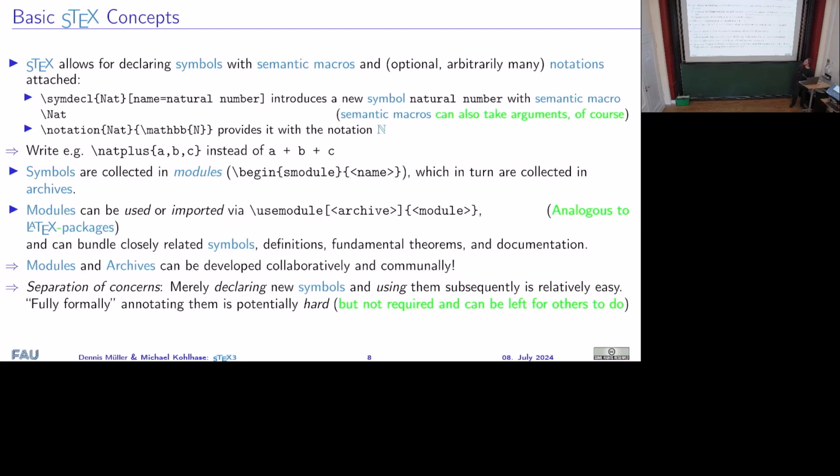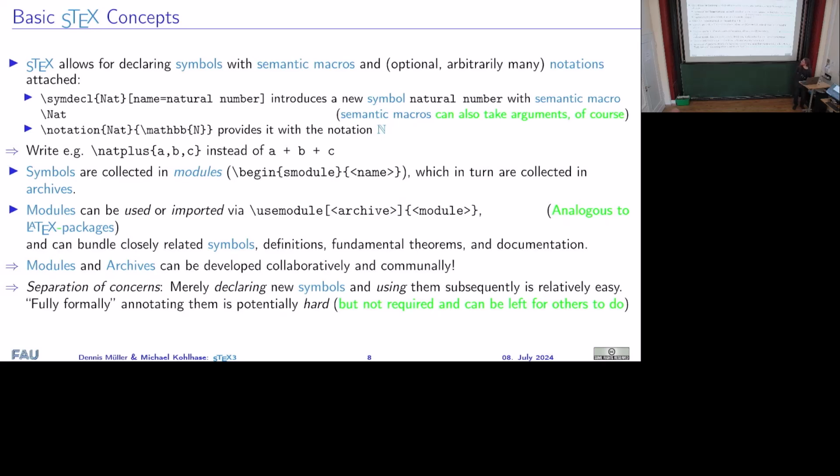And the nice thing about that is that it allows you to separate concerns to some extent. If you're an STEC user and you know where your symbols are, you can just use them and you don't need to care about the formal details necessarily. The more you want things to be formal, the more difficult things get. That is just the side effect of formality.